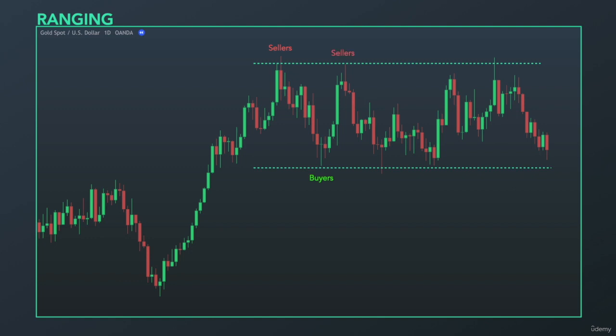So every time price reaches this high price, there are sellers willing to sell the market and then move the price back towards this low price. Same with buyers. Whenever price reaches this level, there are buyers defending this level. All right. So for high price, this is well defended by sellers, and for low price, this is defended by buyers. Okay.